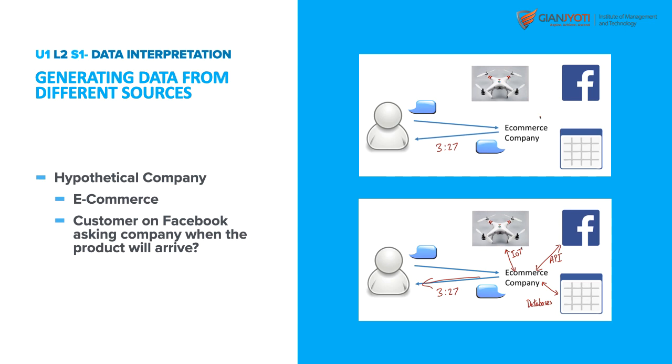The idea behind taking this hypothetical company example is that you are generating data from different sources, and at each source the data is stored in a different format. So you have to use different interfaces. API is one such interface, which in this case Facebook is using, what we call the Application Programming Interface.